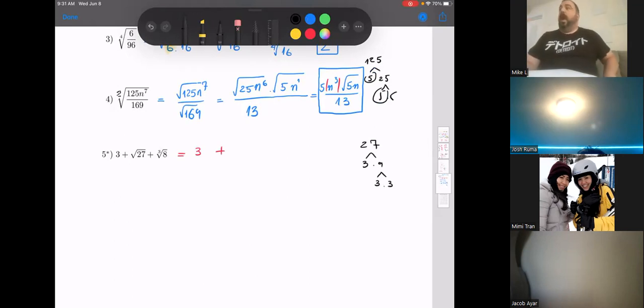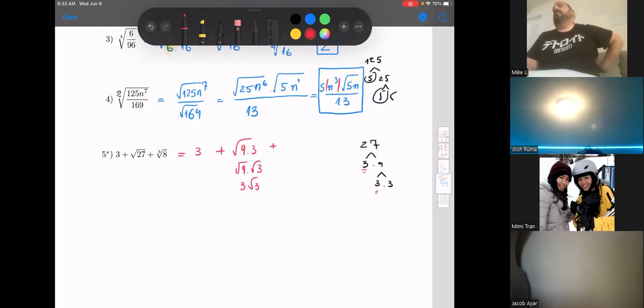How many 3s do you need? 2, right? You only need 2, so you have one more left. So this is gonna be the square root of 9 times 3, which is the square root of 9 times the square root of 3, right? Which is 3 root 3.